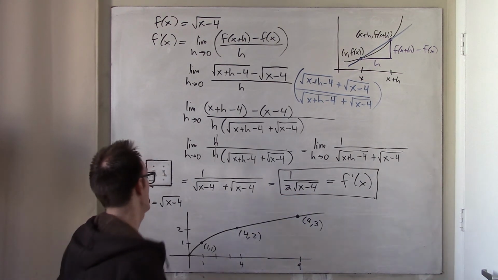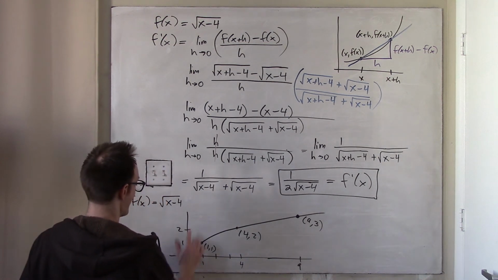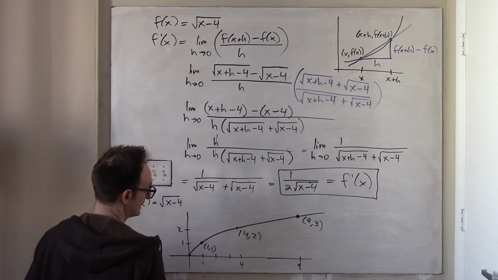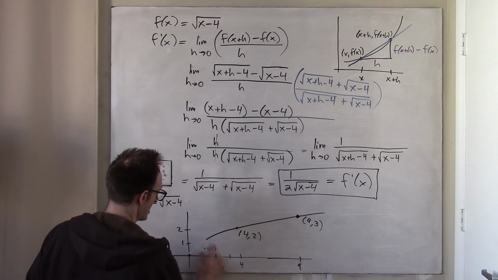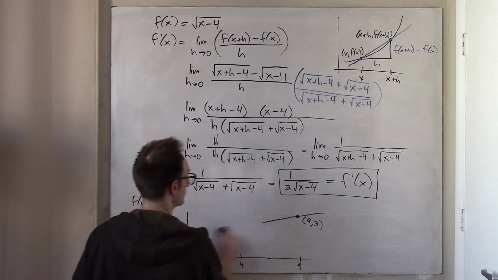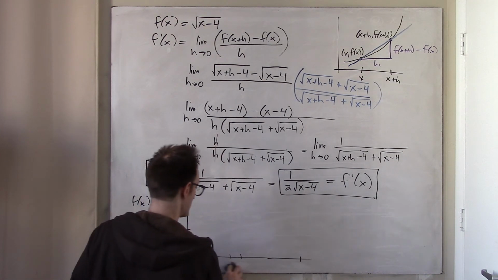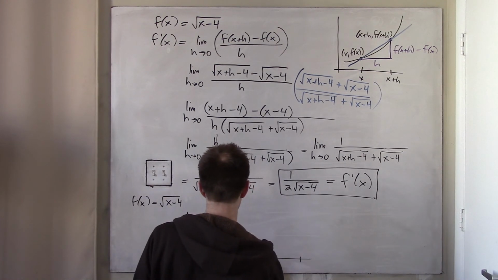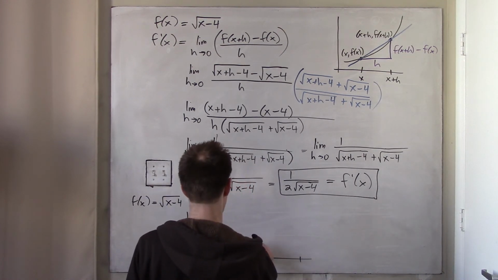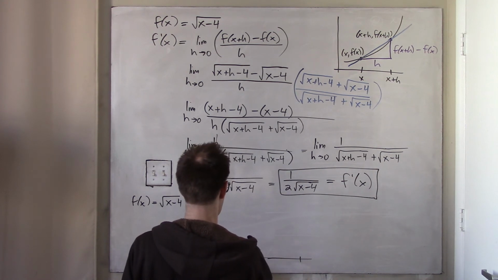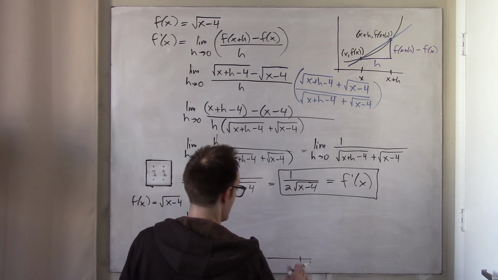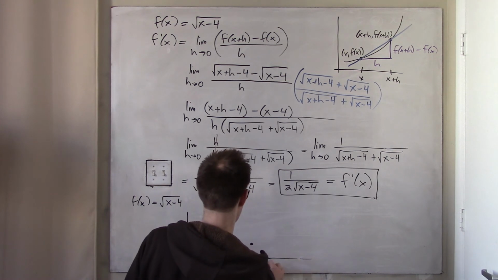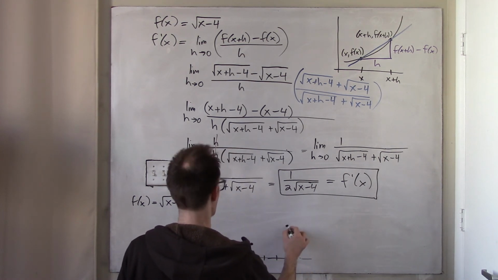Oh man, I drew the wrong graph. Oh, I'm so sad. That was embarrassing. Sorry. So it's not 1, 9, 4. It's x minus 4, of course. So everything moves over 4. So it's 5, 1, 8, 2.